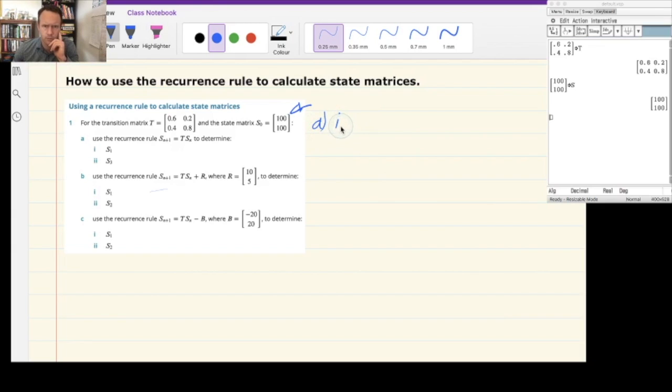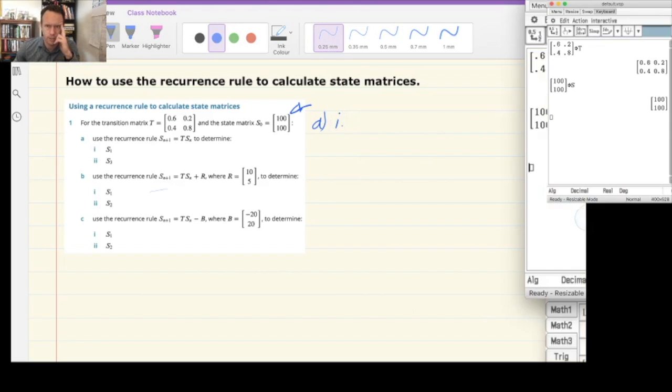Now I'm just going to dive straight into it with really no working out for this one. We'll just go straight into the CAS. You can see I've got T and S already put in there. And all I'm going to do to find S1 is times the transition matrix by S0.